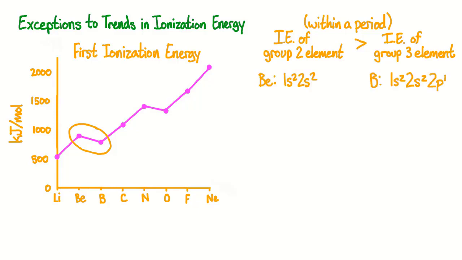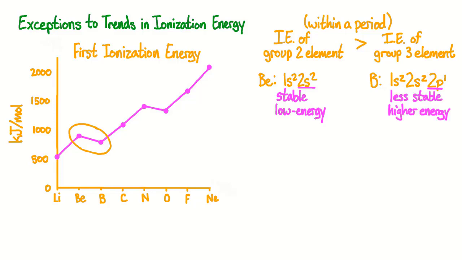To understand this exception, we need to take a look at the electronic configurations of the two elements. Beryllium's valence electrons completely fill a 2s orbital. Having a full orbital is a stable, low-energy configuration. Conversely, boron has an extra electron that goes into a 2p orbital.